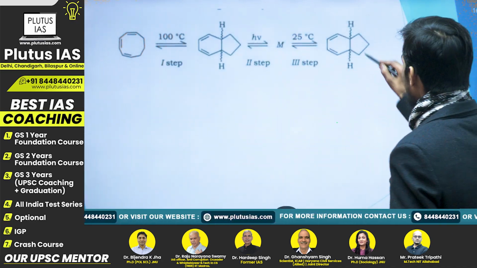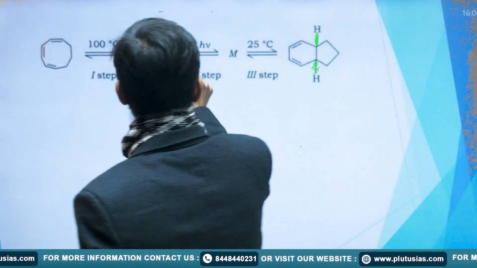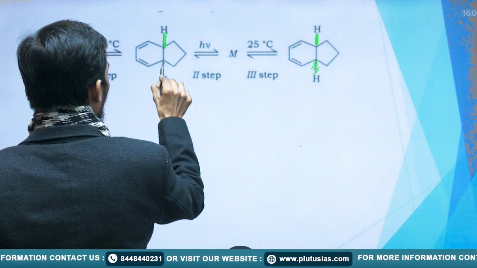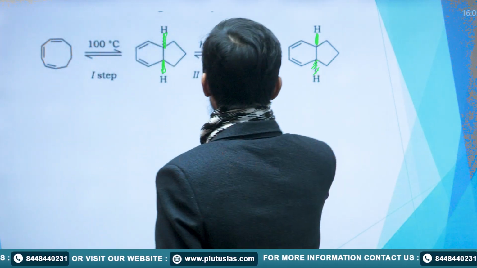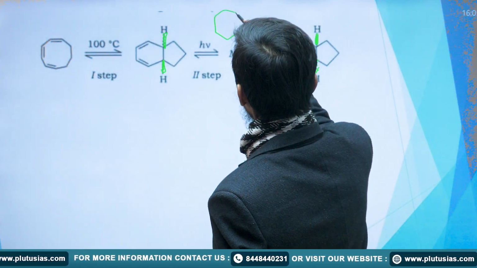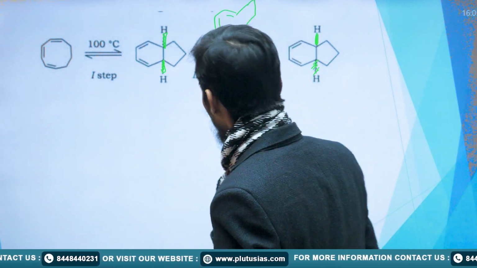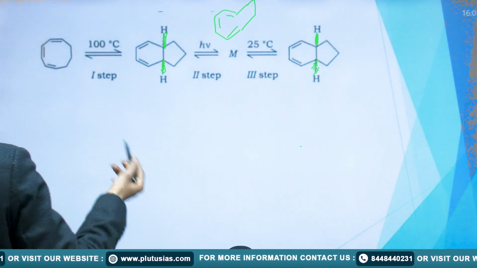We have simplified that this hydrogen is above the plane, this one is below the plane. Over here this was above the plane, this was also above the plane. This M we have drawn like this. So this was our overall question.